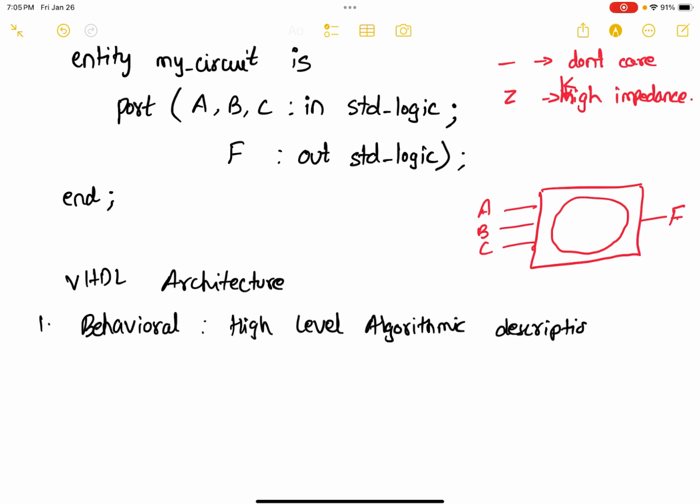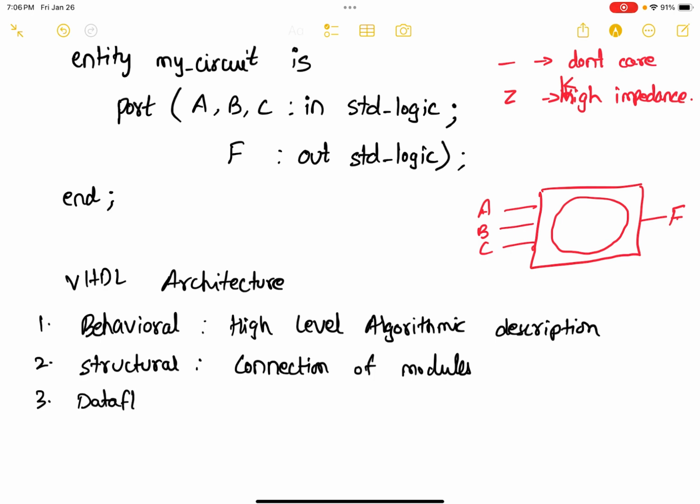So you can write your code using behavioral style. You can also write using structural style. It's basically a connection of modules. And finally, you have the data flow model.